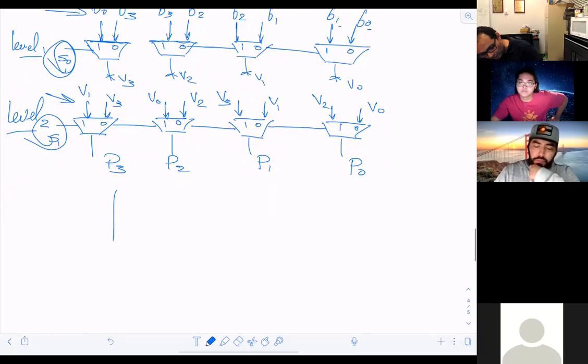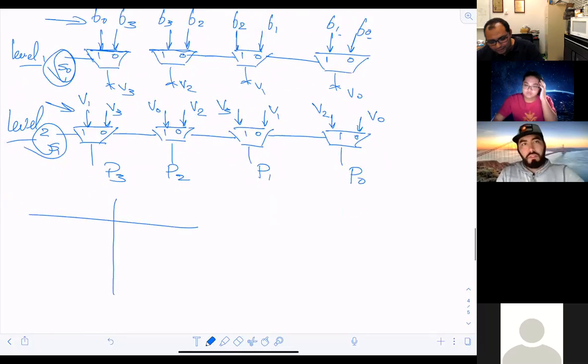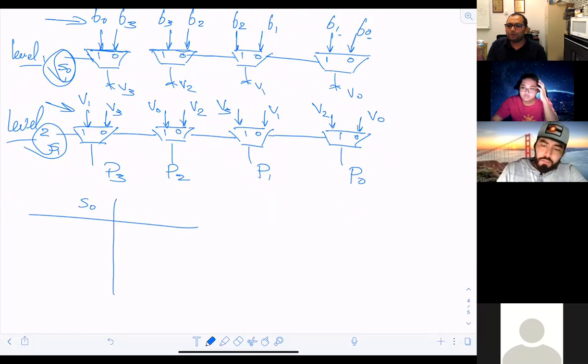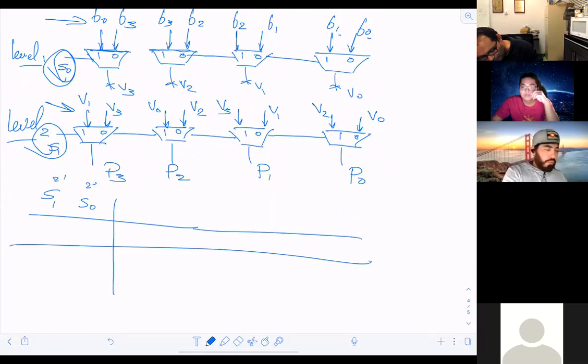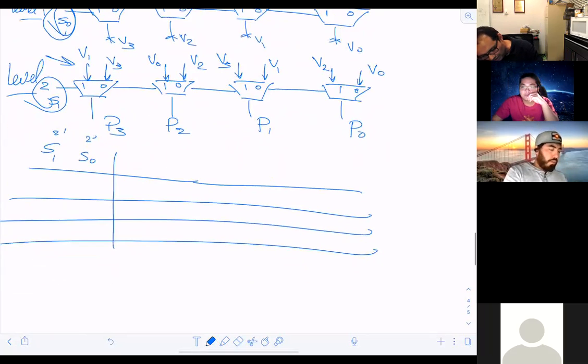Now we need to make our table. We said S0 is the least significant because it's less power. S1 is the most significant, more power, right? 2 power 0, 2 power 1, right? Then we'll go here and say 1, 2, 3, 4.